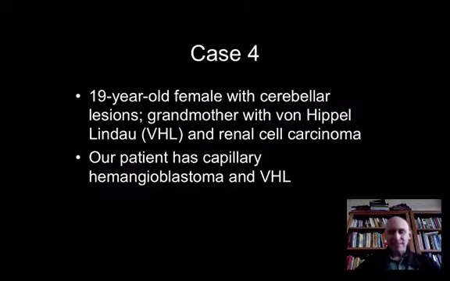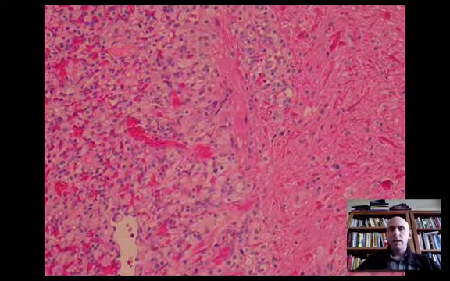So in fact, with a little bit of digging, we found out that this woman's grandmother had von Hippel-Lindau disease and had renal cell carcinoma. And our patient has capillary hemangioblastoma and, unfortunately, von Hippel-Lindau. So the Rosenthal fibers that we were seeing were really just a red herring.